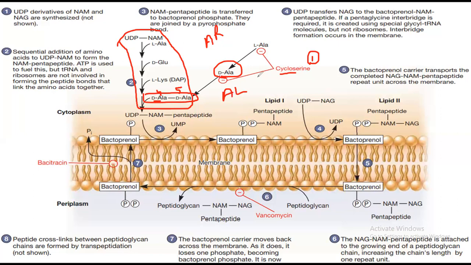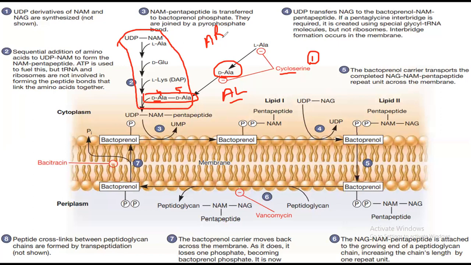These cycloserine also binds to the alanine ligase and stops its activity, and then D-alanine could not be bound to the fourth amino acid, and still the structure is incomplete, and it could not proceed further, and it could not bind to the remaining peptidoglycan layer. Okay, so this was the mechanism of the cycloserine.